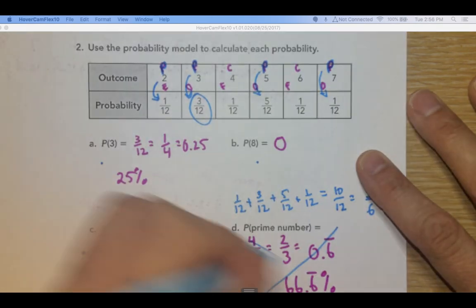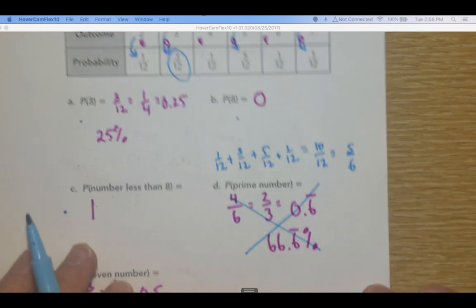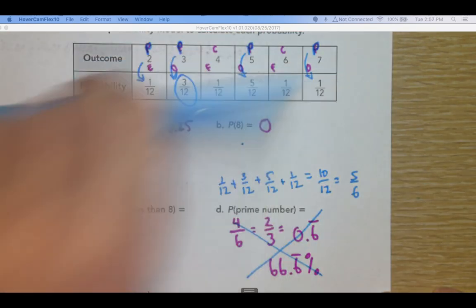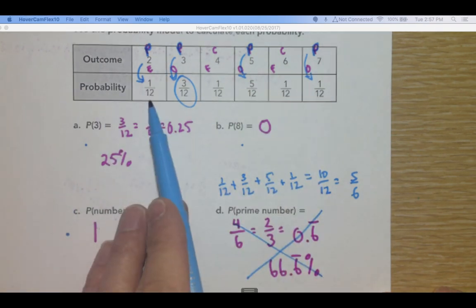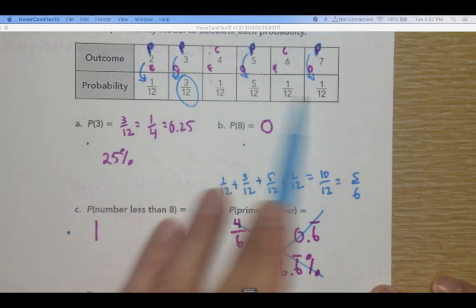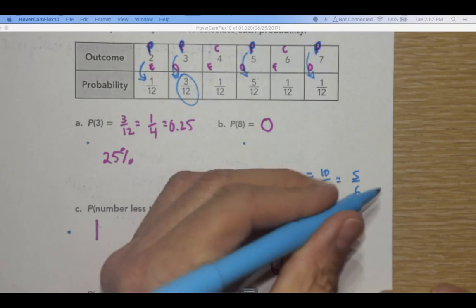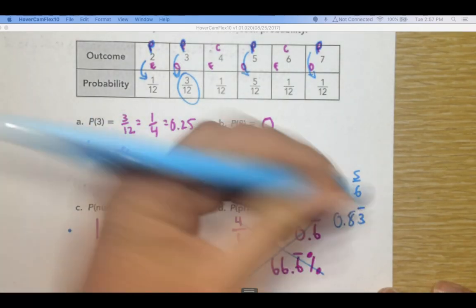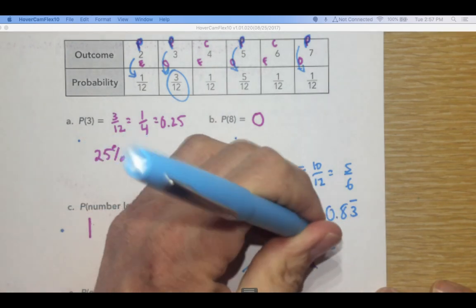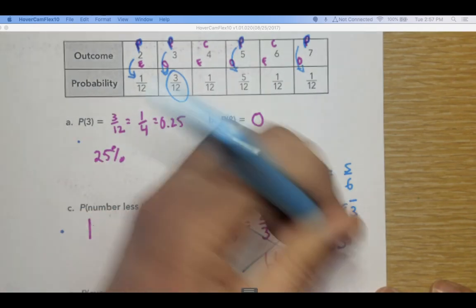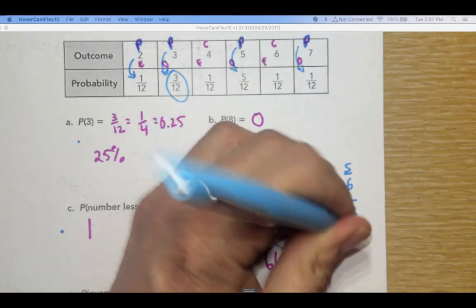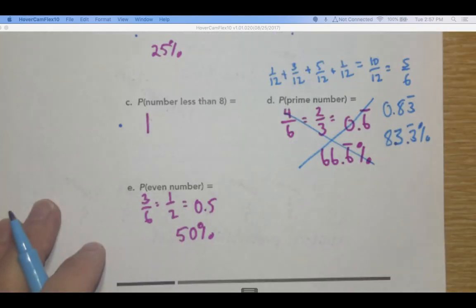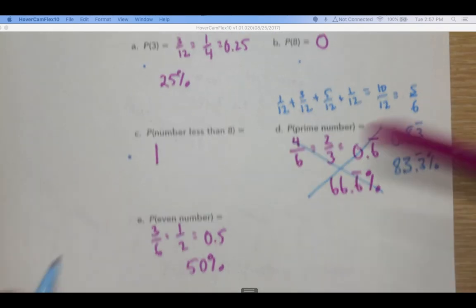So what I have here is wrong. Sorry. I needed to look at not just the outcomes, but how they are not uniform. The results were non-uniform here. And 5/6 is the same as 0.83 repeated, which is the same as 83.3 repeated percent.